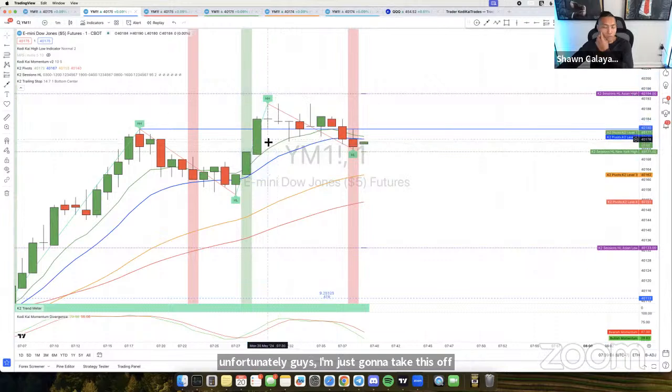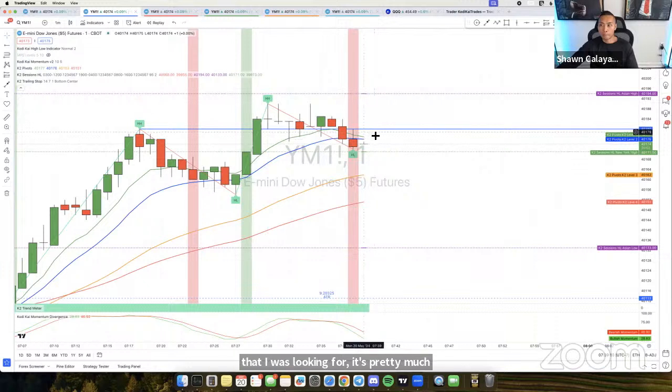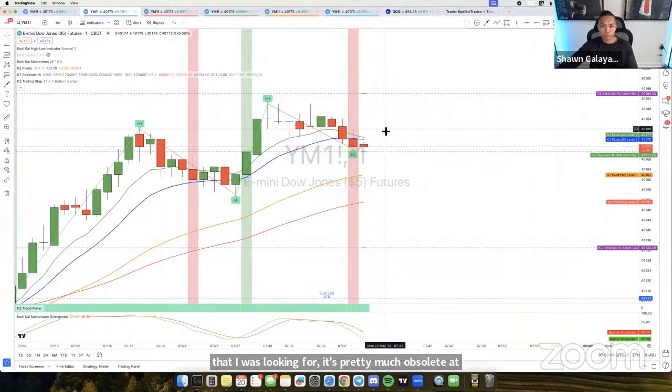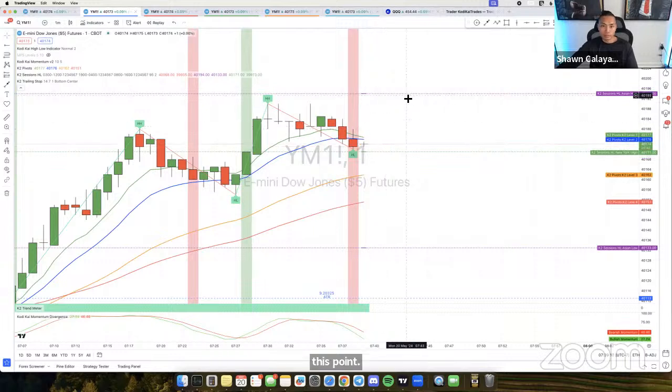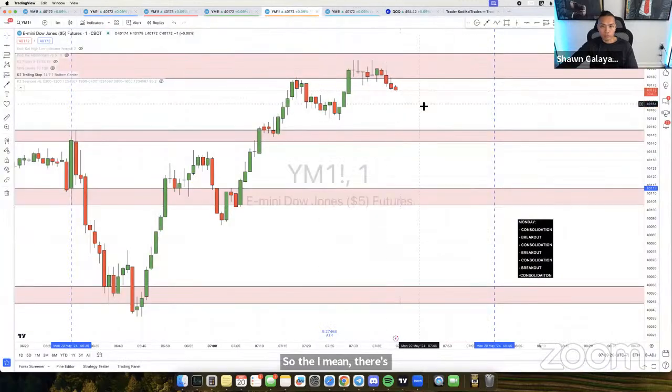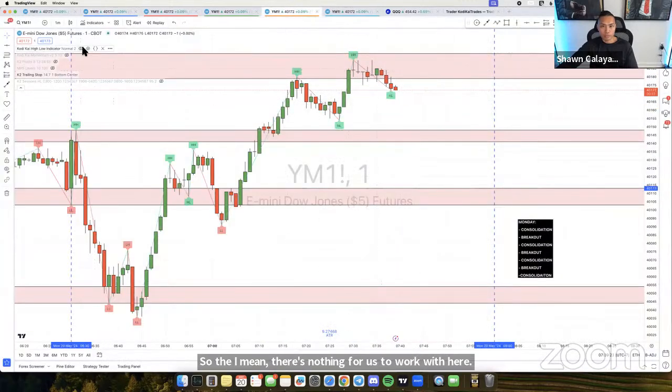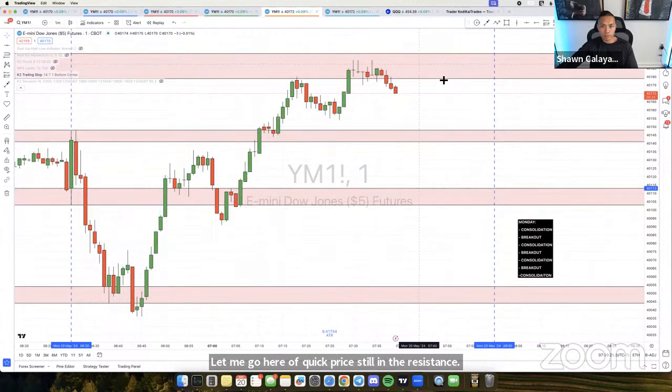The whole setup that I was looking for is pretty much obsolete at this point. There's nothing for us to work with here. Let me go here real quick. Price is still in the resistance. I was going to draw a new resistance, but the resistance is already there. This is the 4-hour resistance.